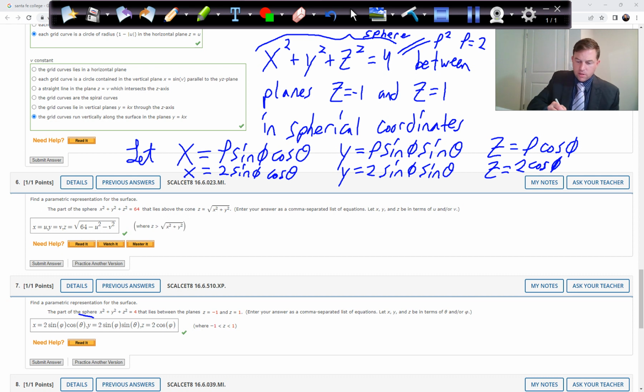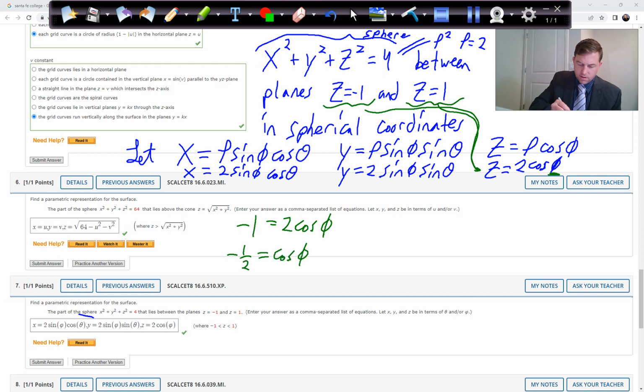So let's look at in between the planes z equals minus 1 and z equals 1. So we can plug these into the z formula. And by doing that, we can see how phi is going to vary. So we can say when z is minus 1, that equals 2 cosine phi, which means minus 1/2 equals cosine phi.